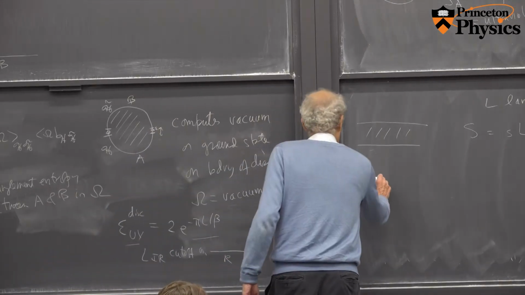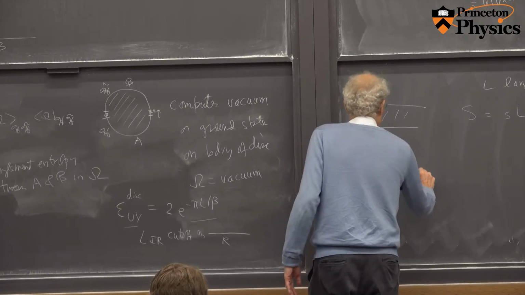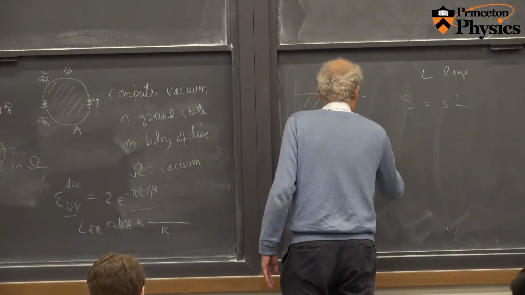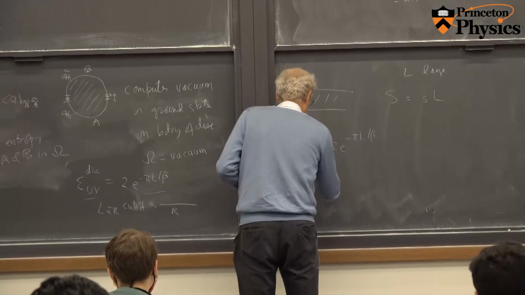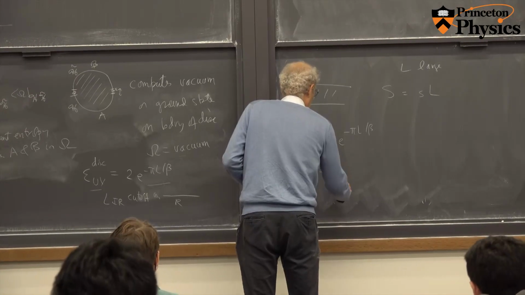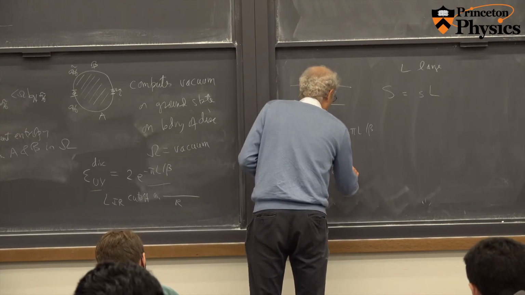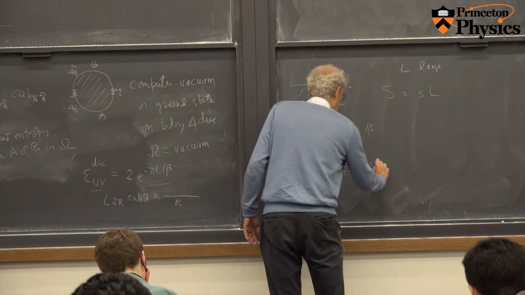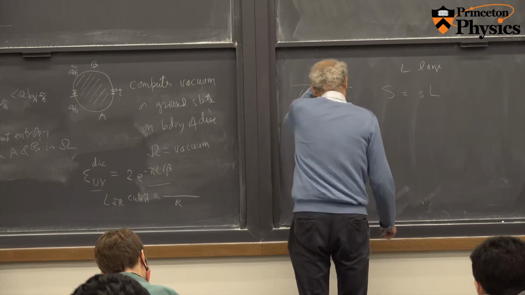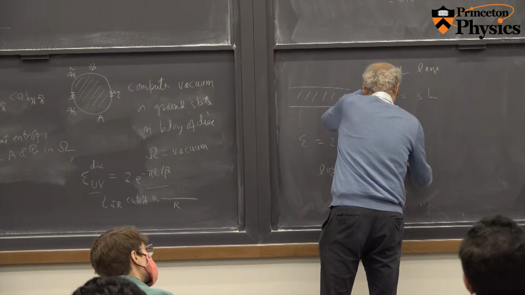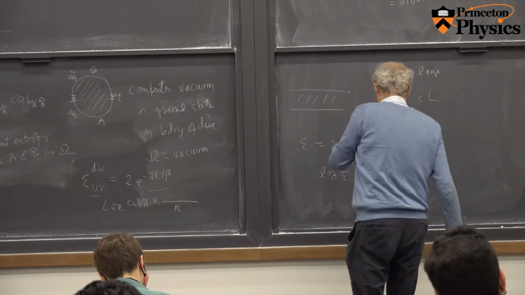But we learned that the UV cutoff was 2 e to the minus pi L over beta, which tells us that log 2 over epsilon, well, log 1 over epsilon minus log 2, I guess, is pi L over beta.